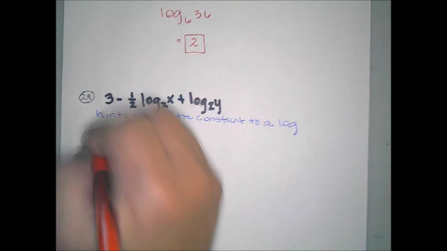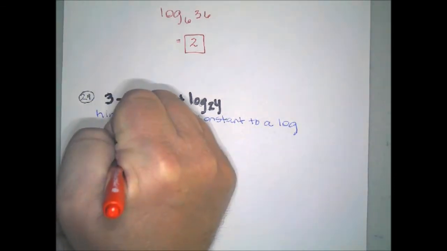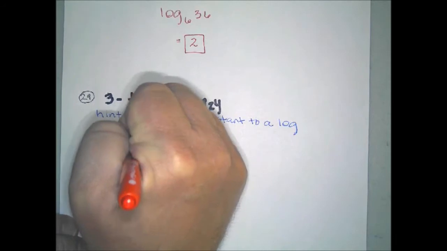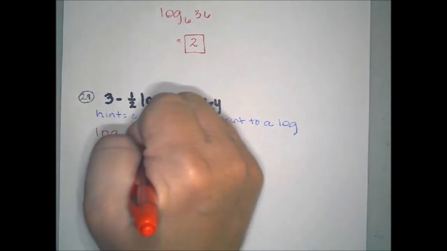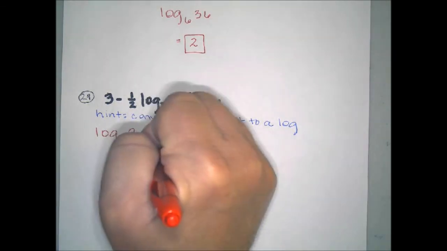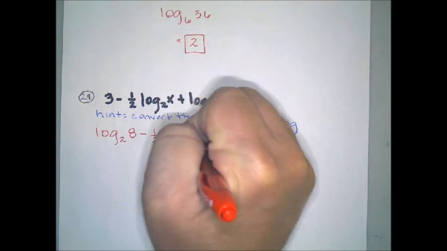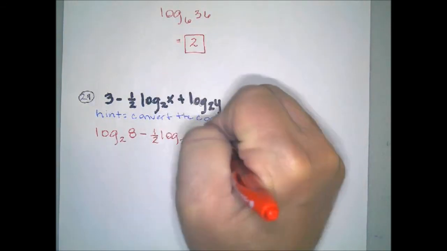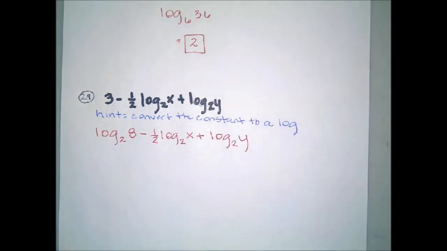So the number 3 is log base 2 of the number 8, because 2 cubed is 8. And then I'm just going to rewrite the rest of the problem. Minus 1/2 log base 2 of x plus log base 2 of y.